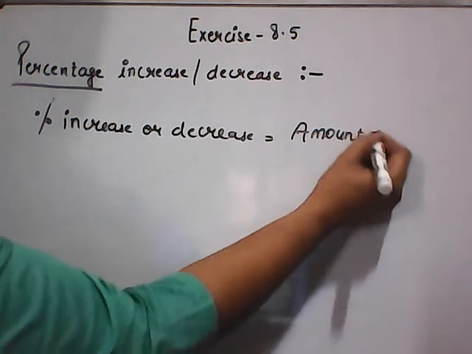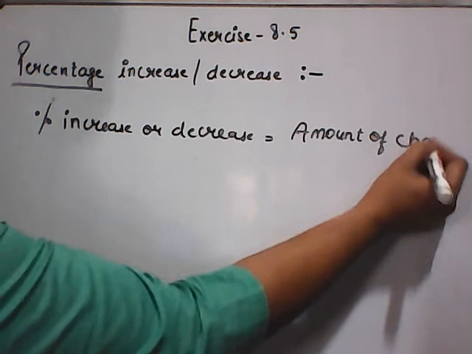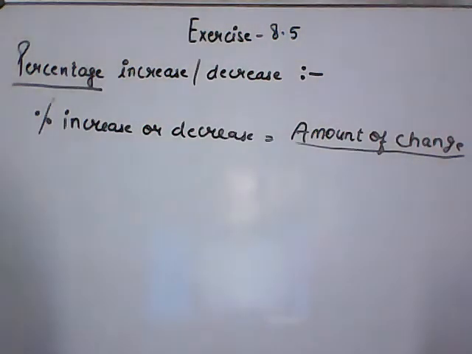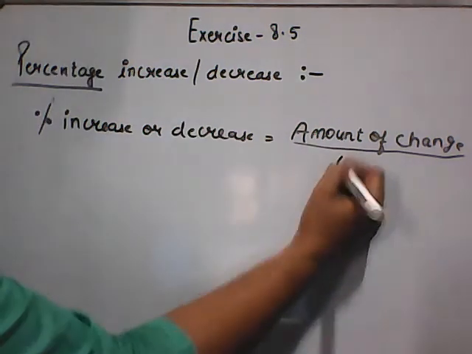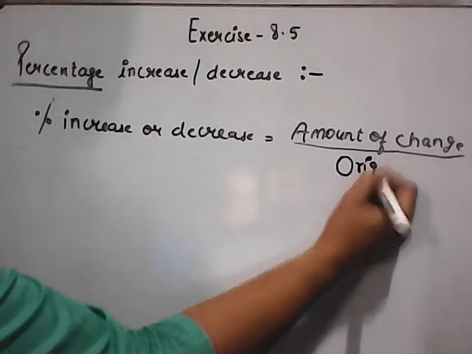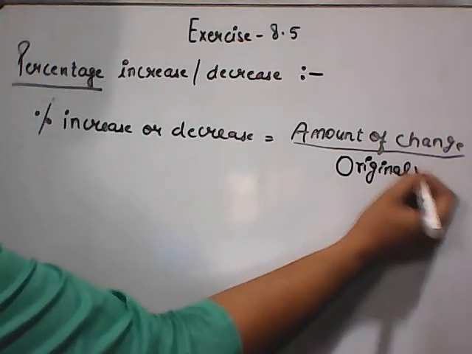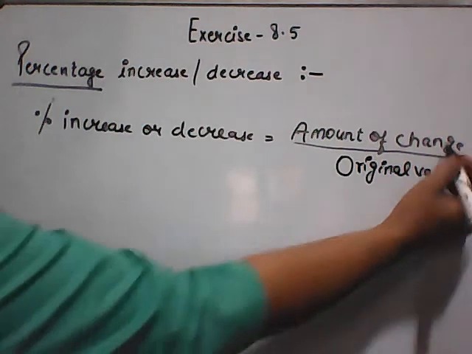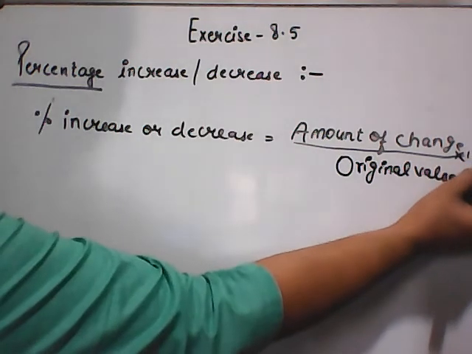Amount of change means we have to subtract the old value and the new value, divided by original value, that means old value, multiplied by 100.